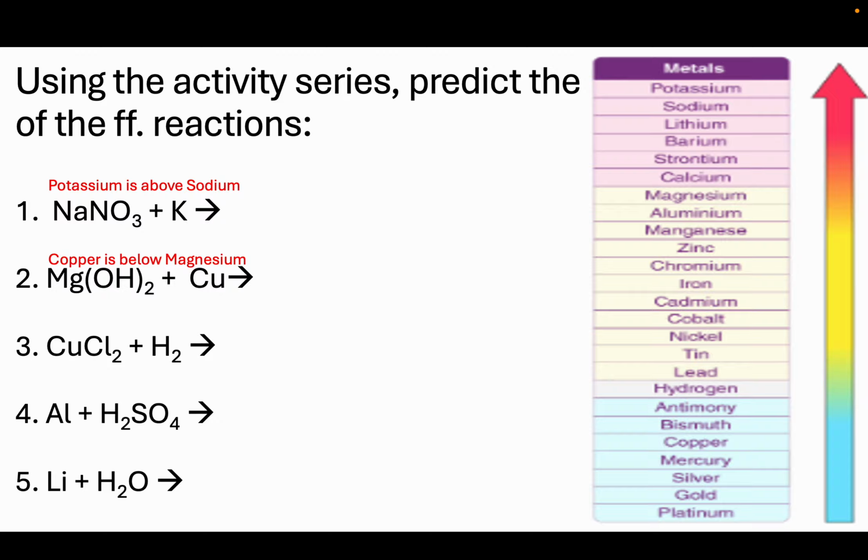I want you to decide if number 1 can be considered a single replacement. You write the right equation. Number 2, is it no reaction or single replacement? You still write the right equation. And 3, 4, 5. Okay.